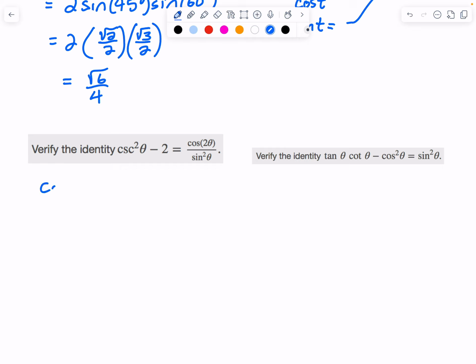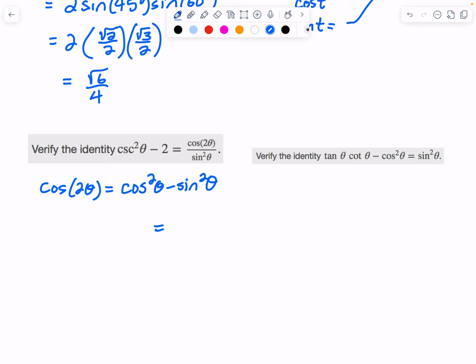Okay, I'm going to remind you guys something. Cosine 2 theta is going to be equal to, we had a couple options here. One option would be cosine squared theta minus sine squared theta. I think that's going to be our best bet.